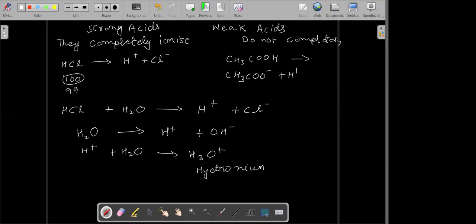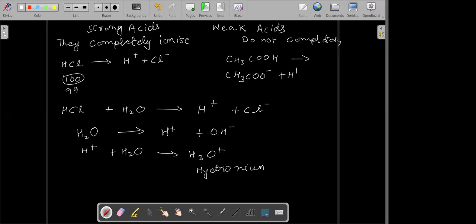Acid, sir. It's an acid. You are getting H plus from HCl. You are getting H plus from water. You are getting hydroxide ions from water only. So the concentration of H plus ions will be higher, and therefore HCl will be an acid and not a base.